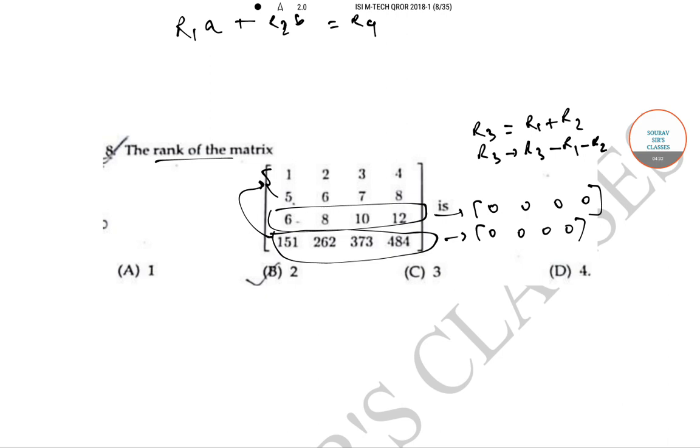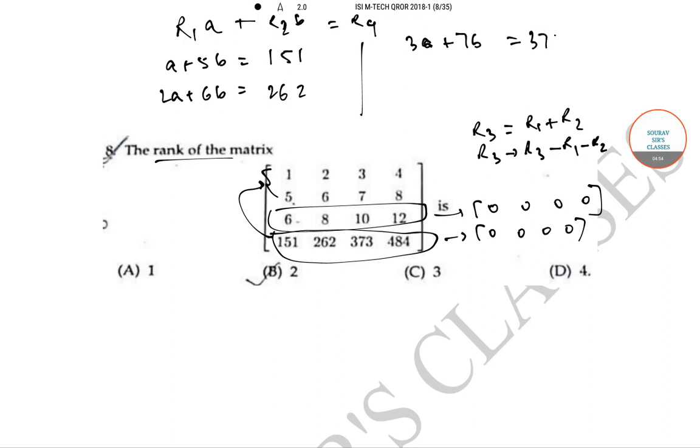Then we'll get the following equations: A plus 5B is equal to 151, 2A plus 6B is equal to 262, 3A plus 7B is equal to 373, and 4A plus 8B is equal to 484.